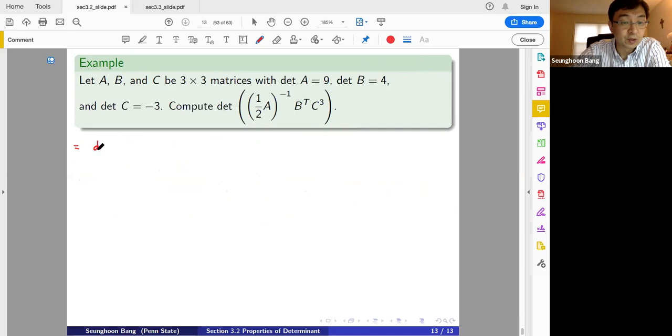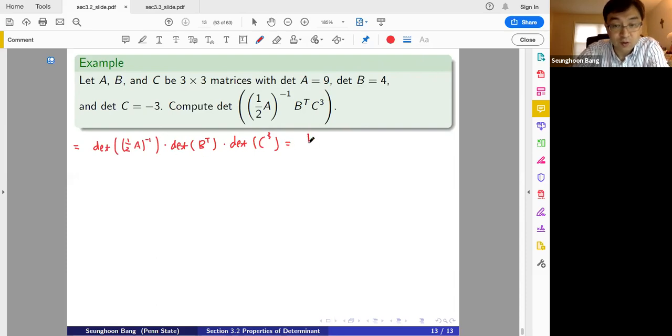You can distribute: the determinant of the inverse of 1 over 2 A, times the determinant of the transpose of B, times the determinant of C cubed.